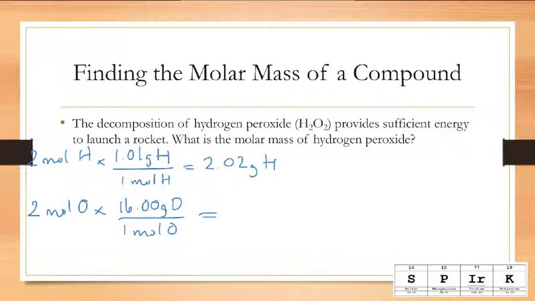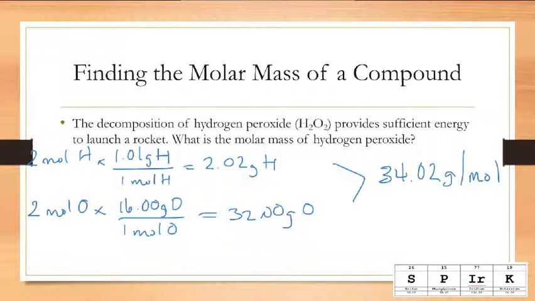Multiply that out, and we get 32.00 grams of oxygen. And so the molar mass, we just add these two together. So when we add these two together, we get 34.02 grams per mole of H2O2.